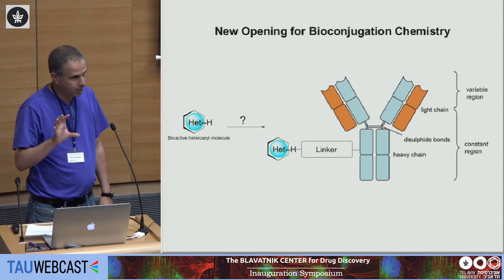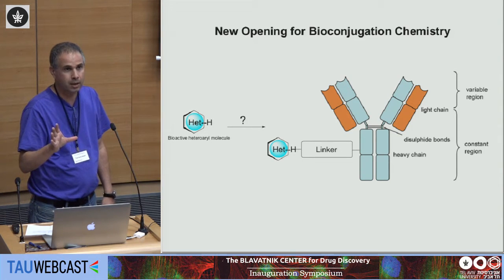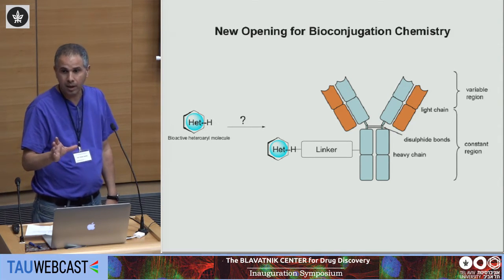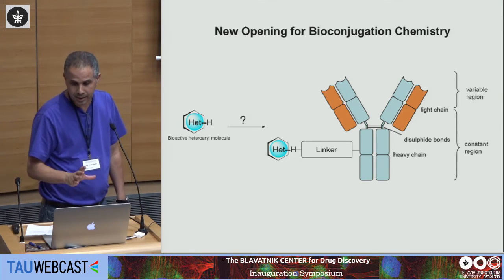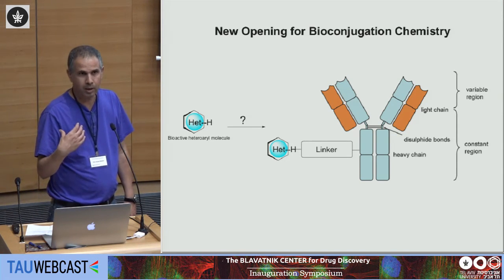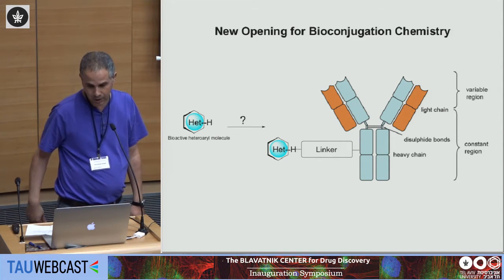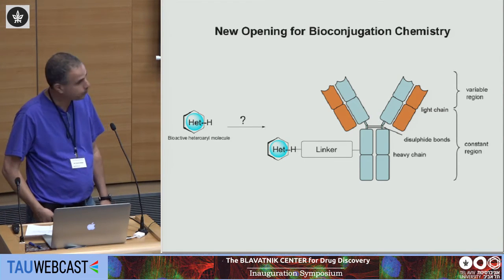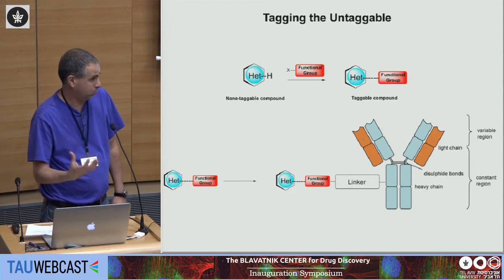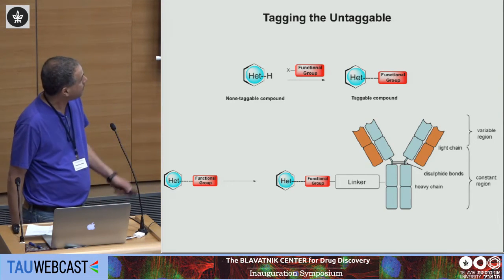And we wanted to address this issue because there are several molecules like this that are known in the pharmaceutical science, and also some that have really only limited conjugation options. Our approach to a solution is simple.